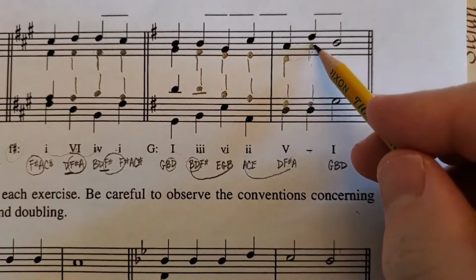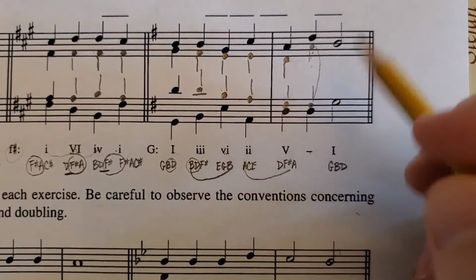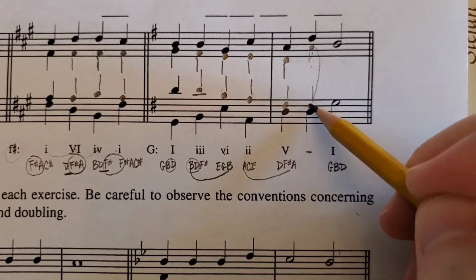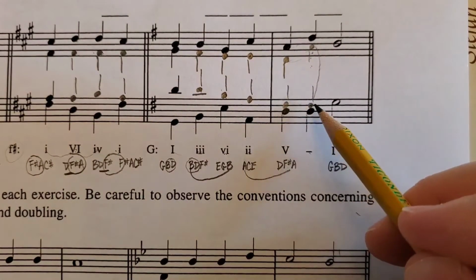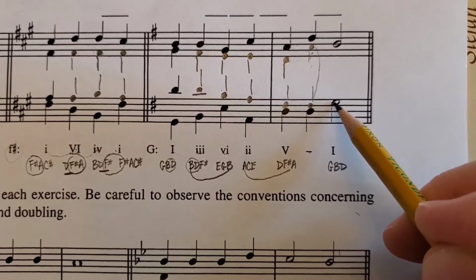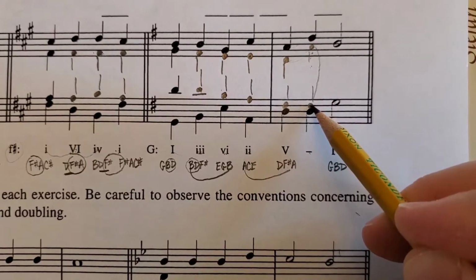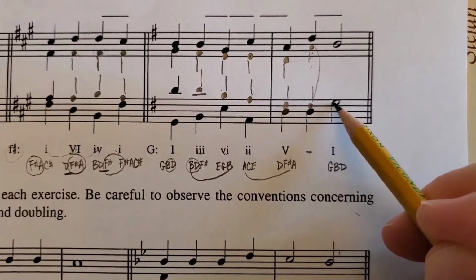Also notice that there is a spacing error here. There's an octave and a third between the tenor and the alto. And there's a voice overlap. The bass here is higher than the previous tenor, or this tenor is lower than the next bass.